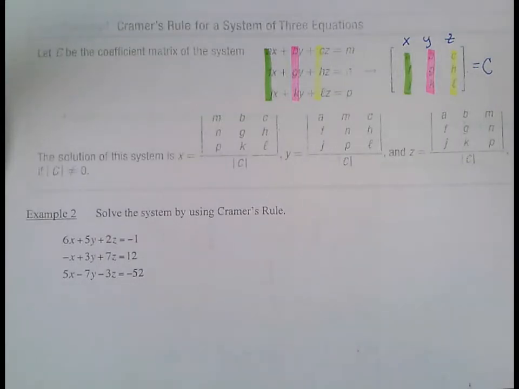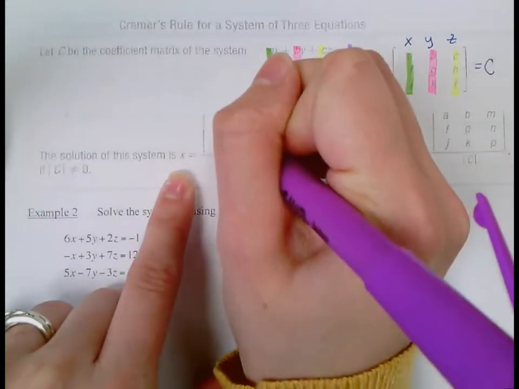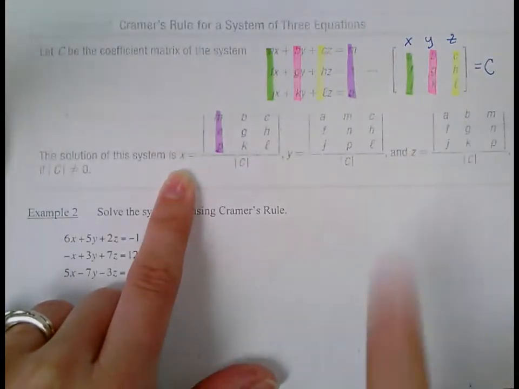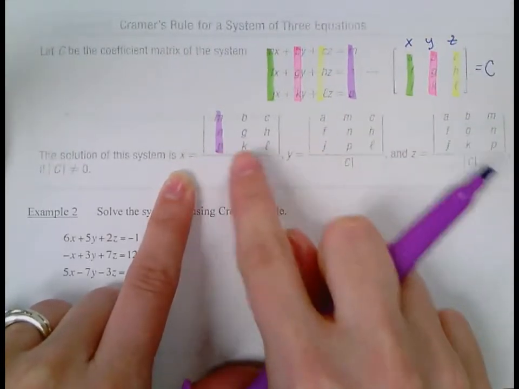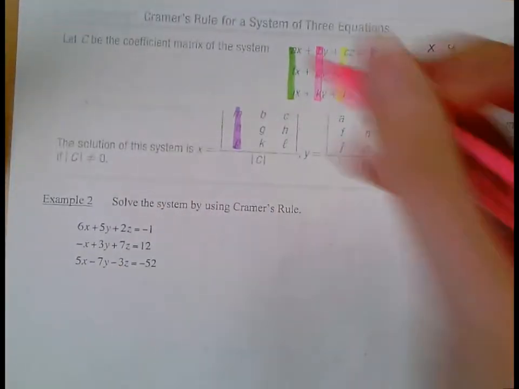And now, like I explained before, whatever variable you are trying to find, that is the column in your coefficient matrix that gets replaced. So when you're trying to find x, you replace the x column with your column of constants, but your y column and your z column stay the same.